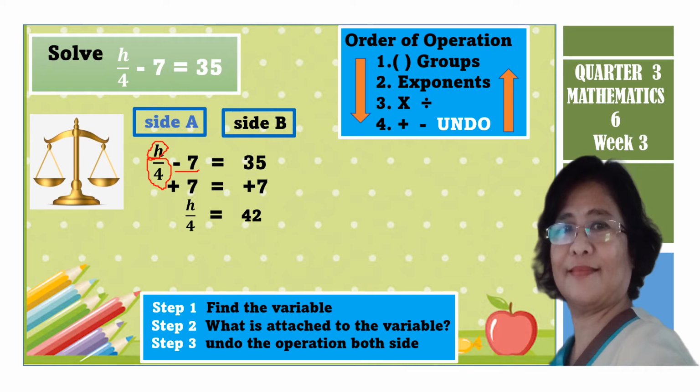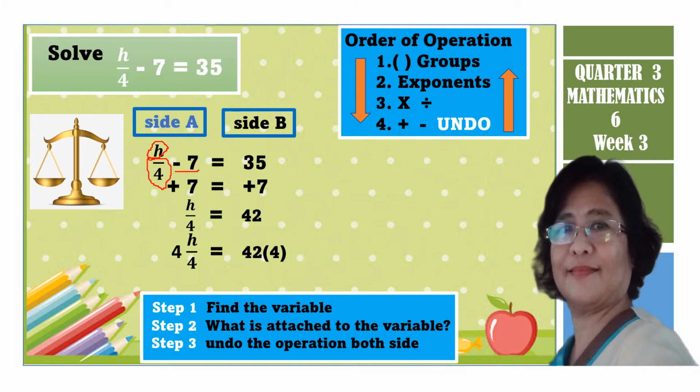Now, hindi pa tayo tapos kasi hindi pa natin na-solve ang value ng variable na h. So, since ginamit dito ang division, what is the opposite of division? Multiplication. So, para matanggal yung 4, atin tong i-multiply sa 4, both sides. So, h divided by 4 times 4 is also equal to 42 times 4.